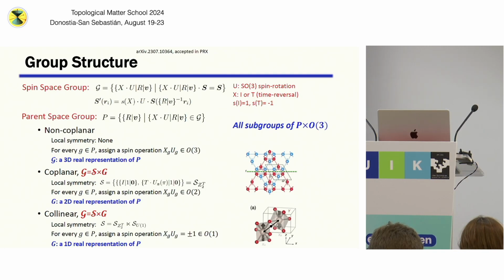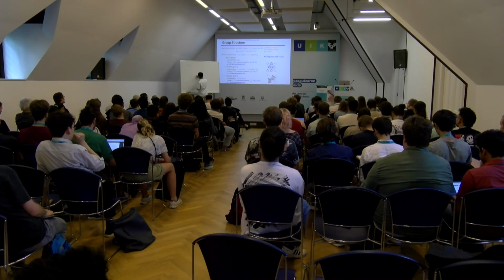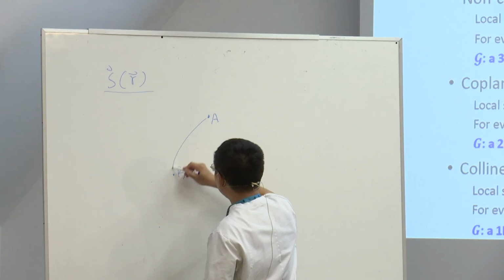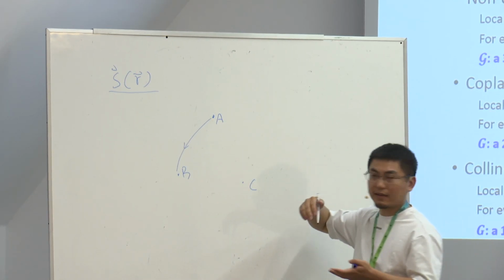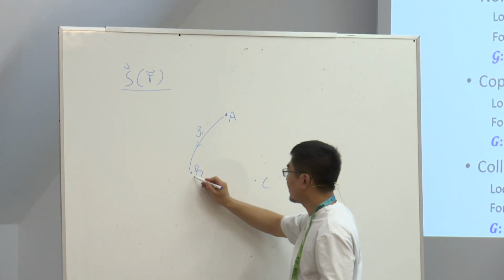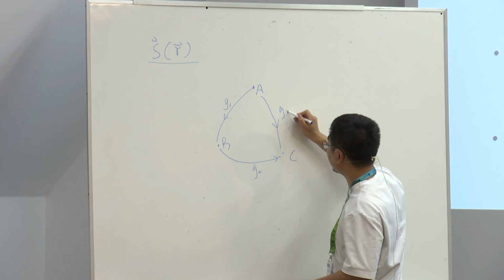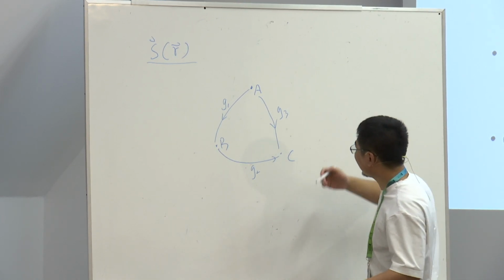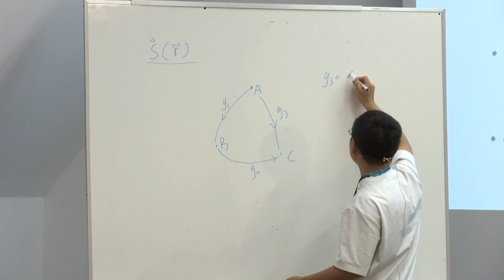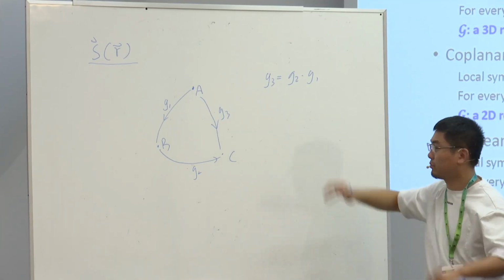Now let's consider three atoms in the system: atom A, atom B, and atom C. If we just apply a spatial operation, let's say G1, it sends A to B, and G2 sends B to C. And there is also a G3 that sends A to C. So we immediately know that G3 must be given by G2 times G1, right? So this is a space group. All these are space group operations.